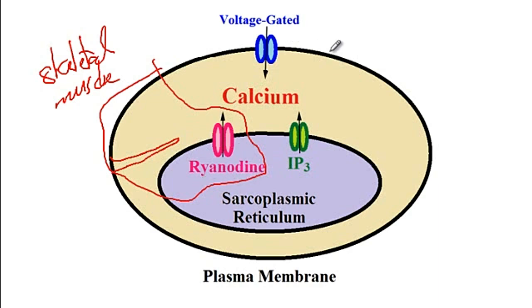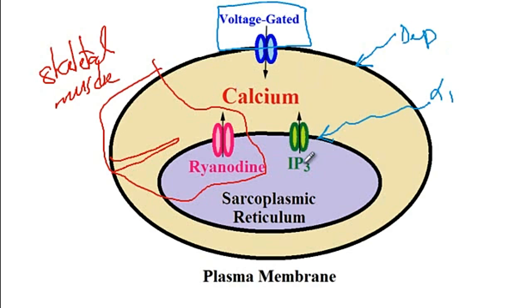With smooth muscles, on the other hand, there is a different mechanism, and it's that upon depolarization of a membrane, calcium will be released from the extracellular space. And so calcium will flux in from the extracellular space. And then there is also another mechanism through which alpha-1 sympathetic receptors will act on the IP3 secondary messengers to induce the release of the calcium from sarcoplasmic reticulum.